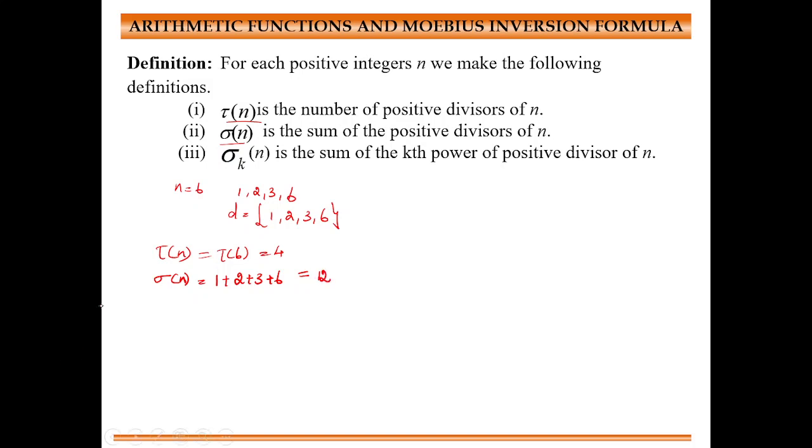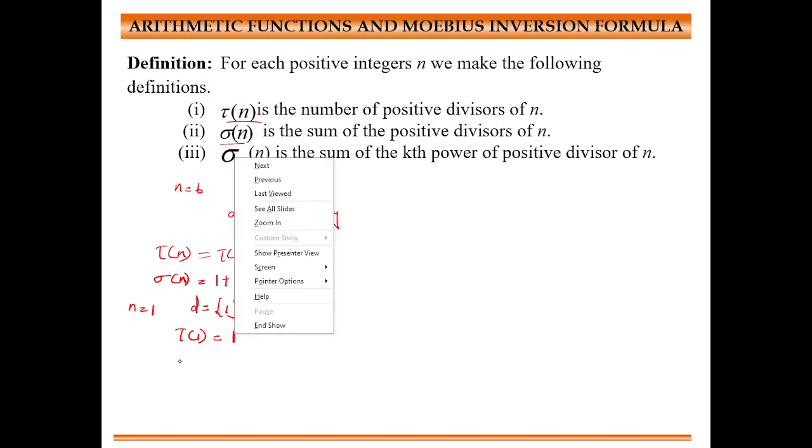Similarly, we can find tau of n and sigma n for some positive integers. If we take n is equal to 1, the divisor is 1. D is 1. Tau of 1, the number of positive divisors of 1, is 1.